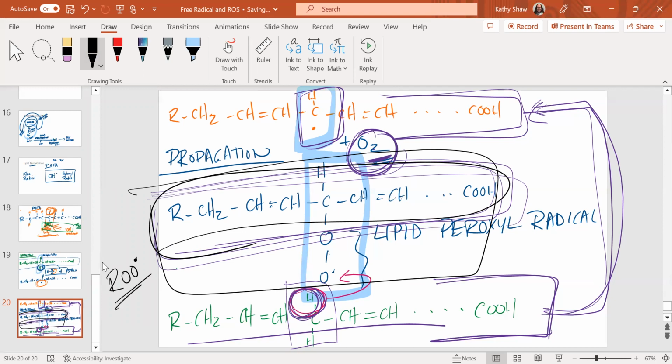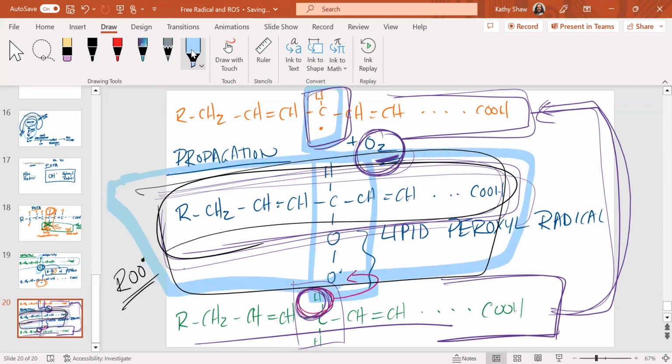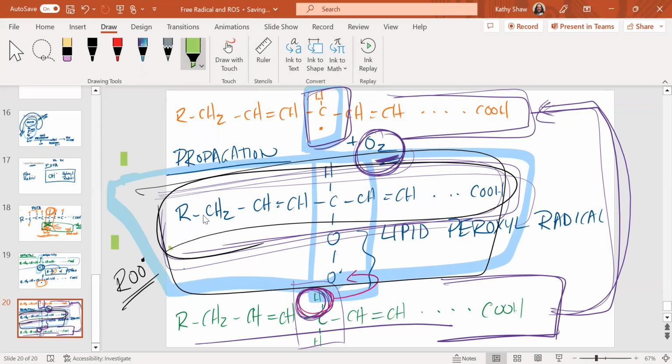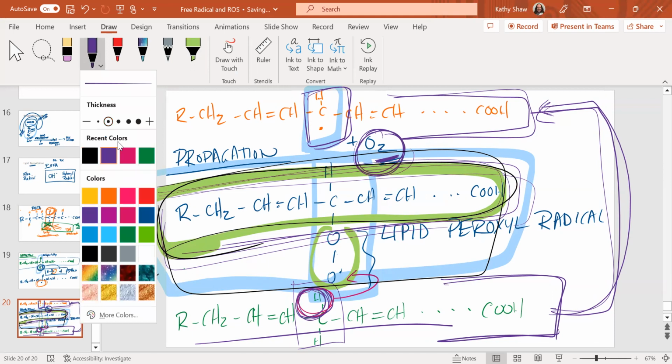What R and 2 oxygens mean is this whole thing, the lipid peroxyl radical. I'm just making this part the R. So I'll just attach the 2 oxygens to that in the next slide.